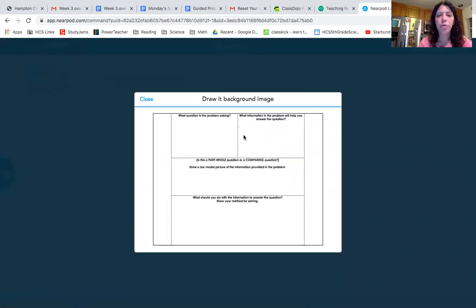Okay, so our clue sentence that helped us was: how many ribbons does Nina have in total? And the word that helped us figure that out was the word total. Now, in addition, you know that your parts are going to be smaller than your whole number, because basically what you're doing is adding one part to another part.